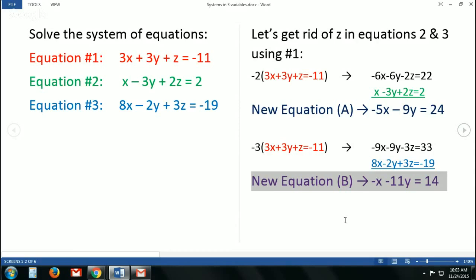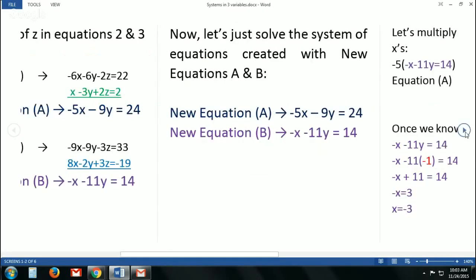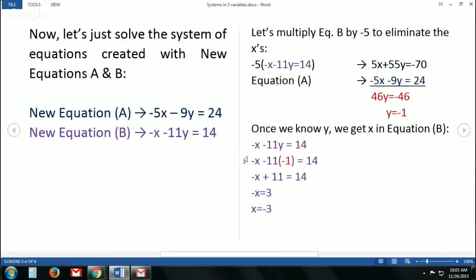Set it aside where you put new equation A. We're going to want those things in just a second. So at this point, we've created opposites of the z's in both equation 2 and equation 3 by using equation 1 in both cases. Now, let's just solve the system of equations that we've created with new equations A and B. Here they are again, new equation A and new equation B.